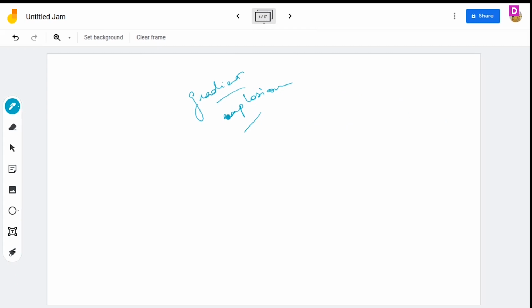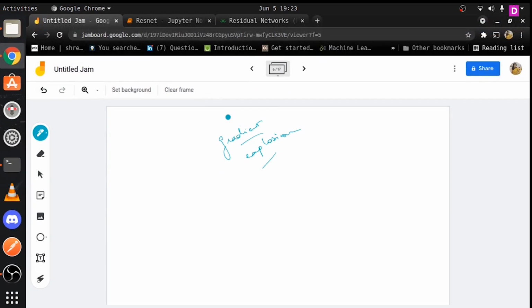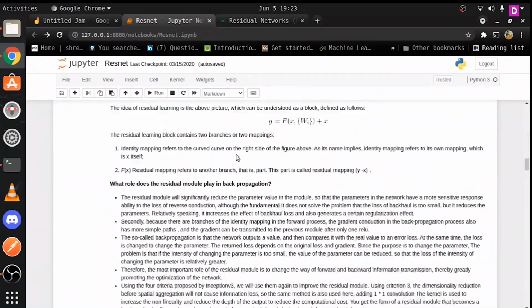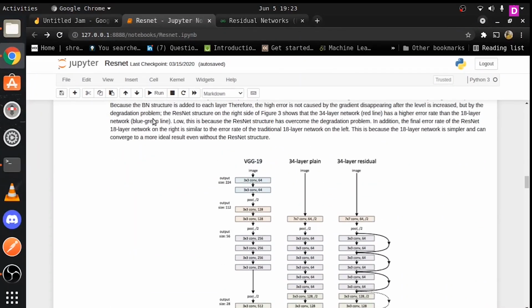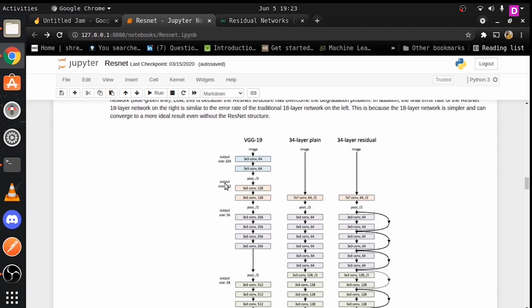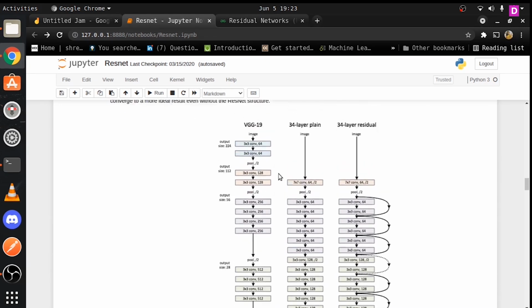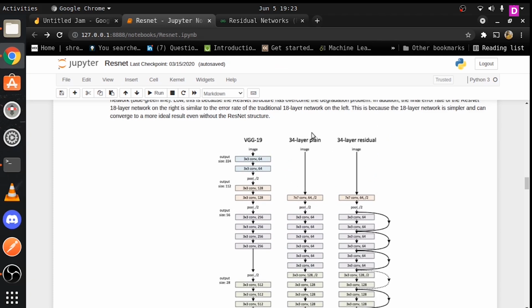Now let us look at its structure. So here this is a basic ResNet structure. Residual net is also known as ResNet. Here this is a basic VGG19 structure and this is a 34 layer plain network.